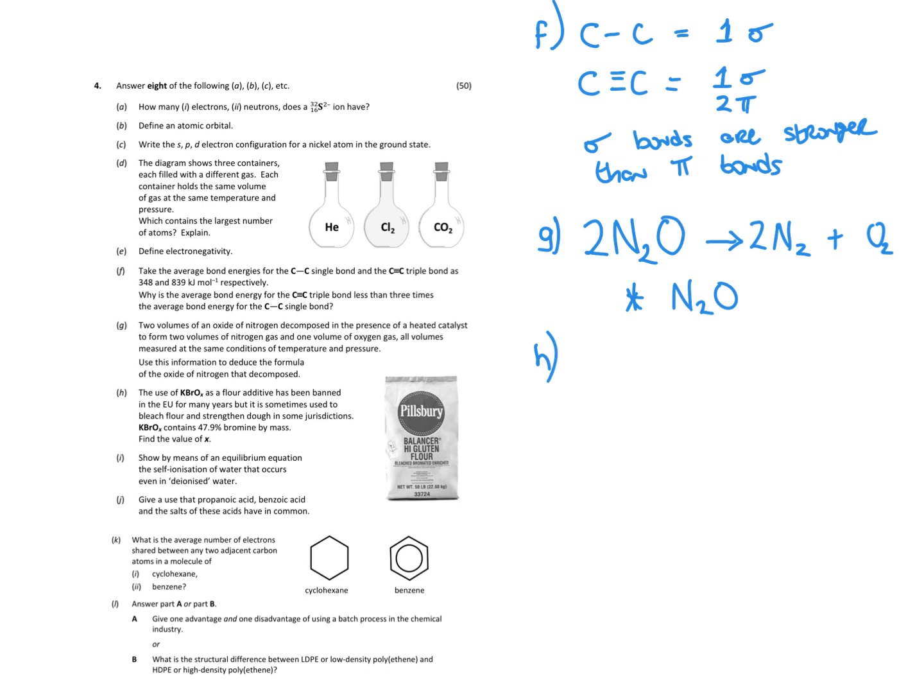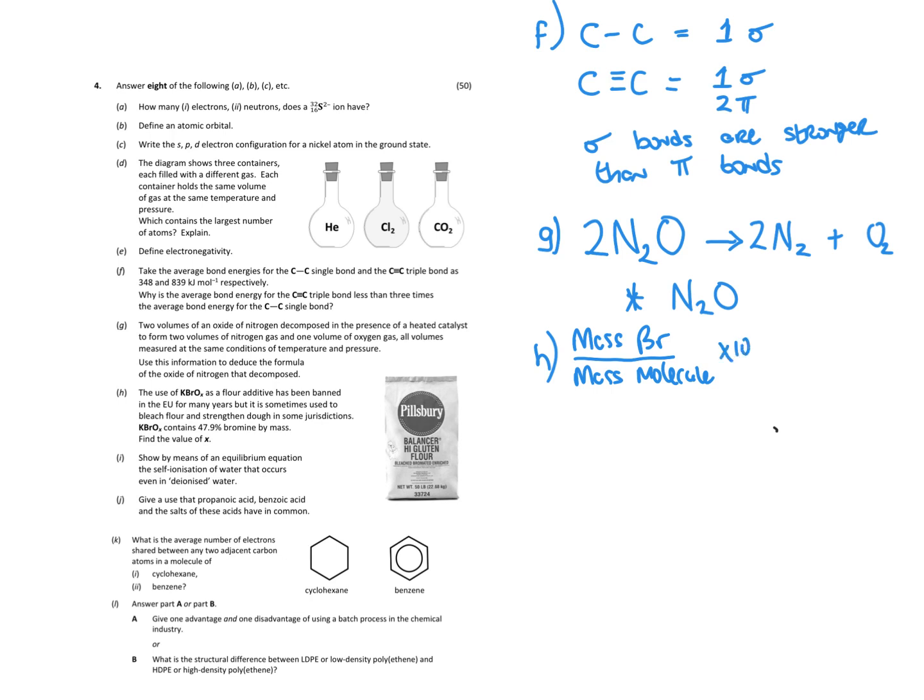So what we can do here is we know that we have 47.9% mass of bromine. Now, we know that if we want to find the percentage of an element that is present in a molecule, what we can do is we can do the mass of the element, so in this case the mass of the bromine, over the mass of the molecule, multiply that by 100.